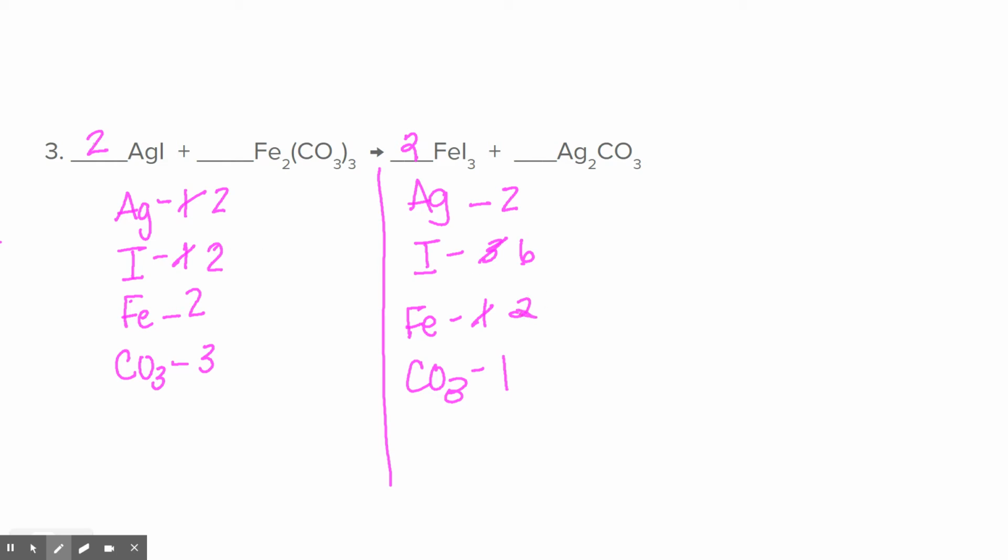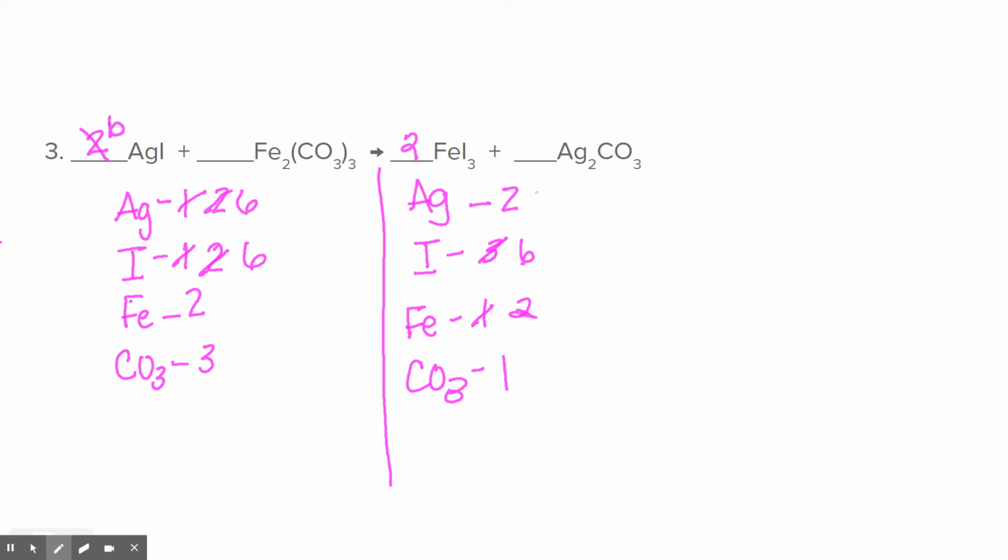So I'm going to go over here. Instead of this 2, I'm now going to have a 6, so that my silver can become 6. My iodine can become 6.